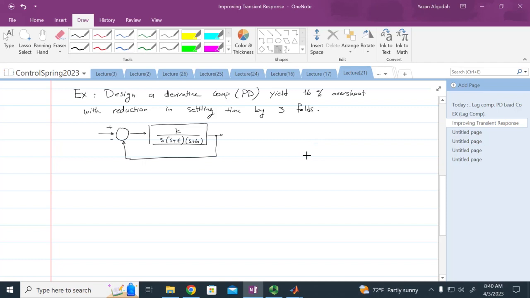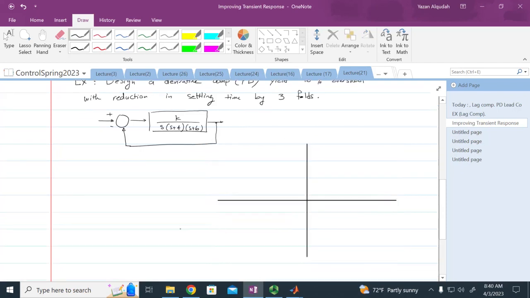The first step, since we are designing using root locus, is to plot the root locus. So how does the root locus look like? We have a pole at 0, we have a pole at 6.